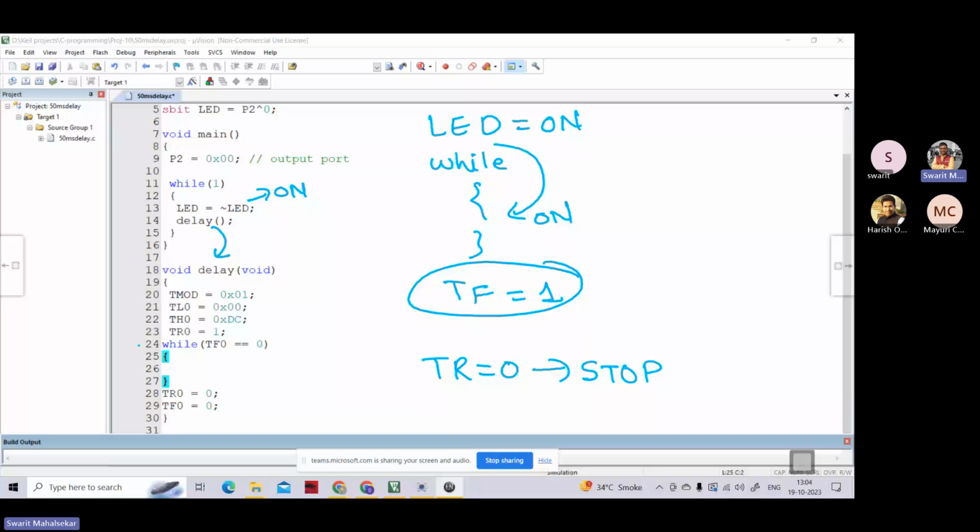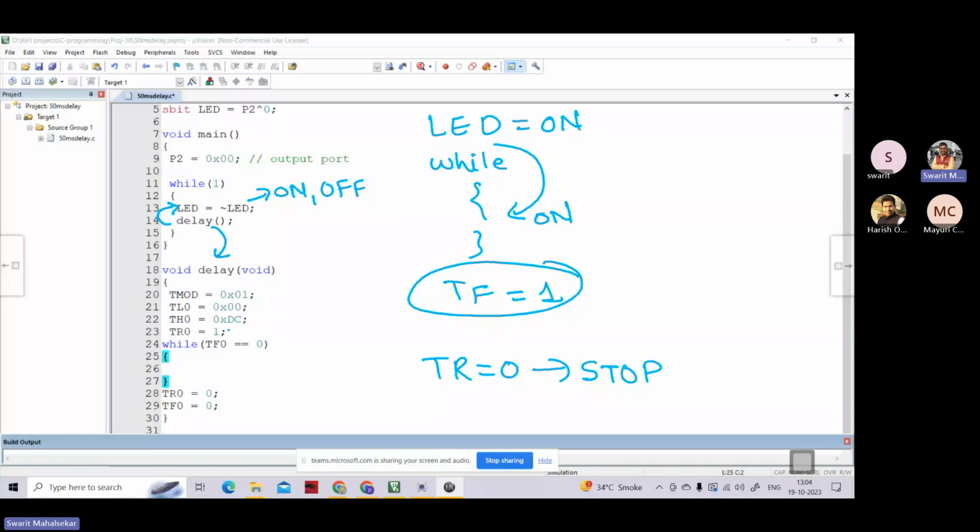So you see what is going to happen. Once this function is completed, it will go to this particular part, that is the negation of LED. In the earlier case, my LED was in on condition. Now it will be in off condition. And again, it will call the delay function and assign these values over there. Then again, my timer 0 will be monitored by this particular bit.